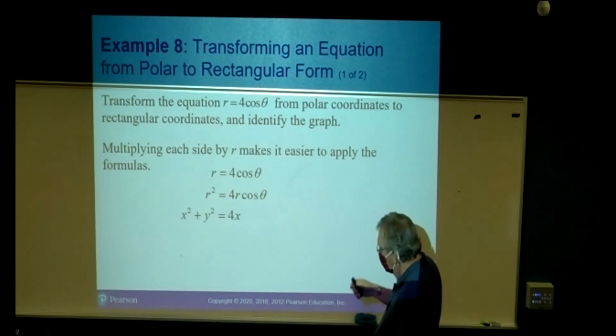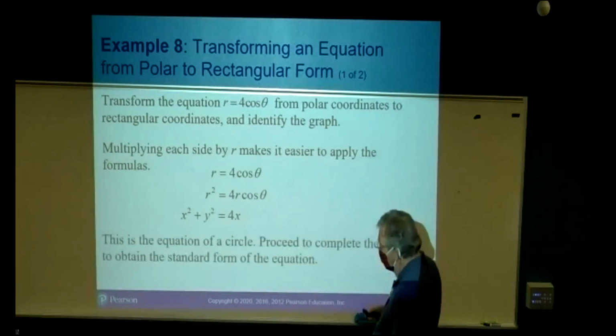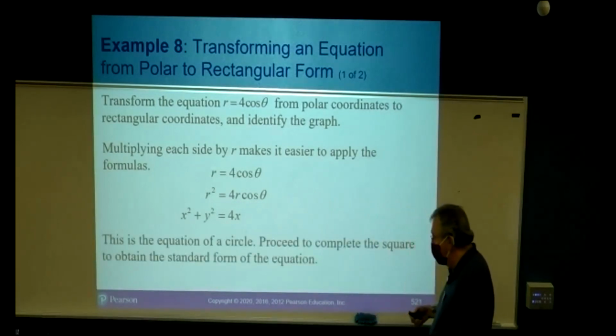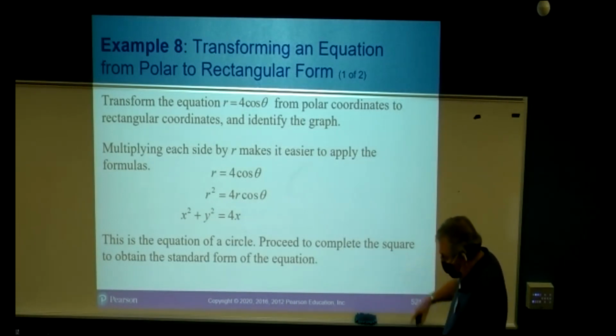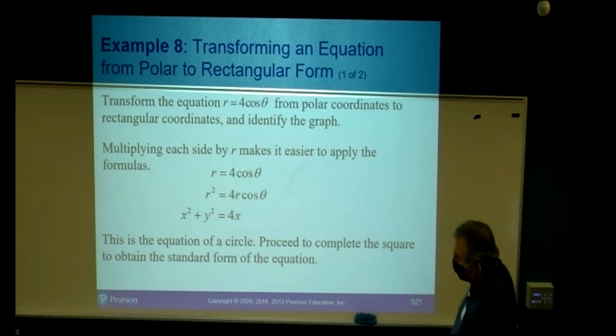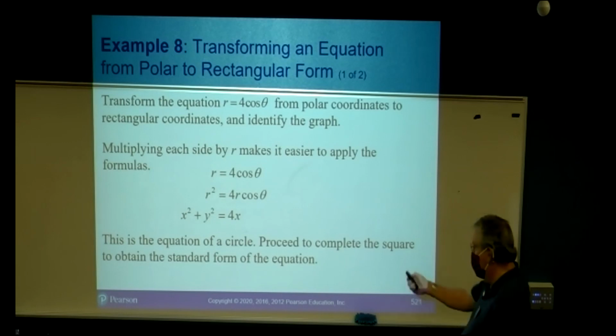And so they get the same thing I had gotten. Then they subtract 4x from both sides. This is the equation of a circle. And then you proceed to complete the square to obtain the standard form of the equation of a circle.